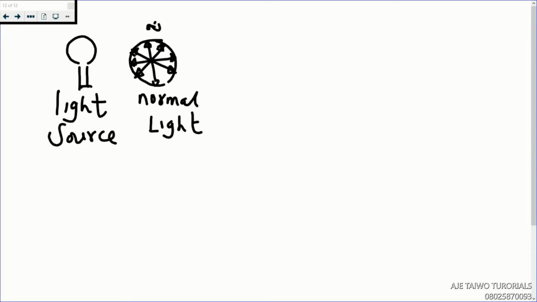Light is scattered. But when the light is meant to face just a particular direction, the light becomes polarized. So I can pass this through a polarizer.